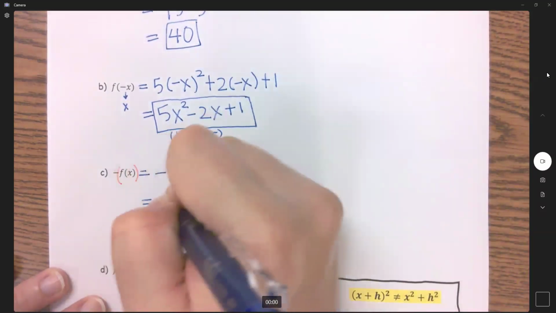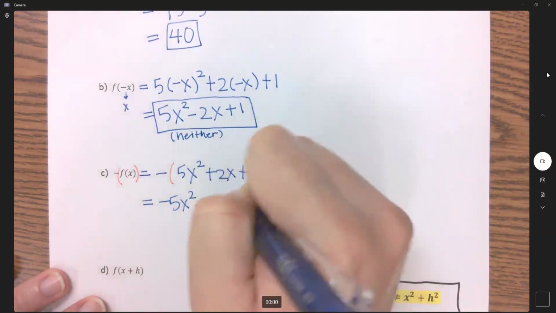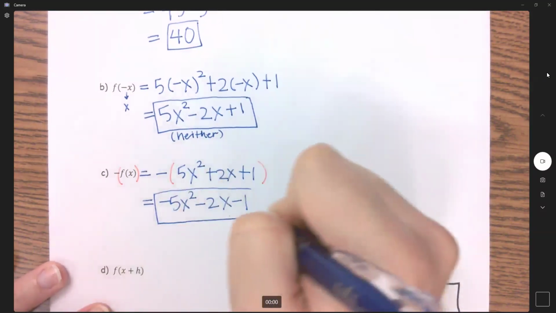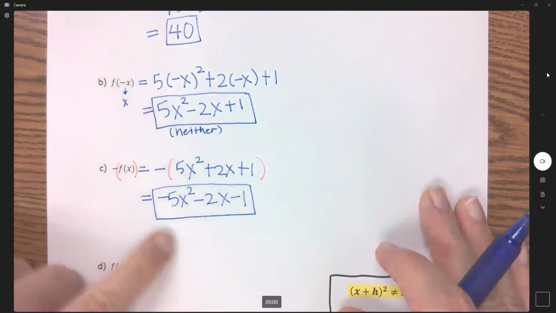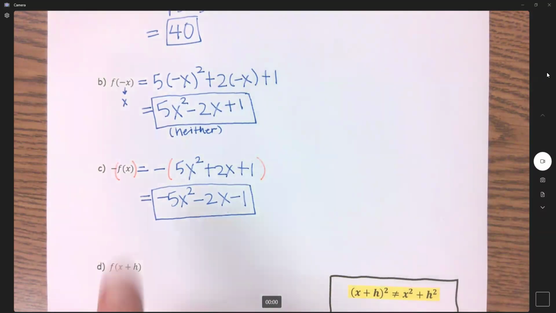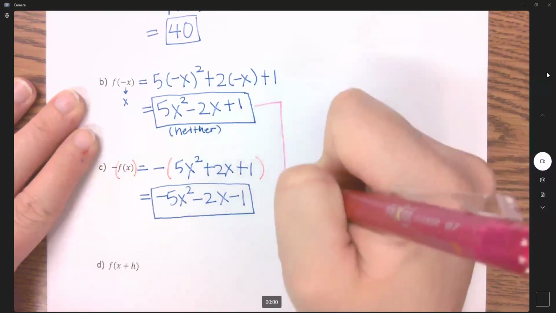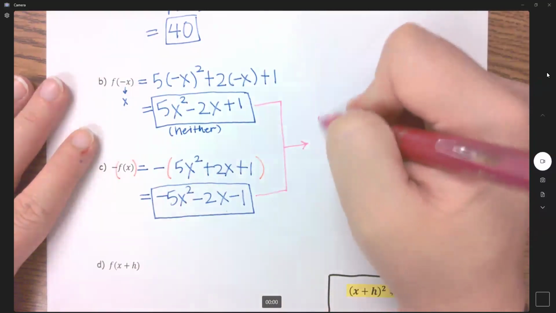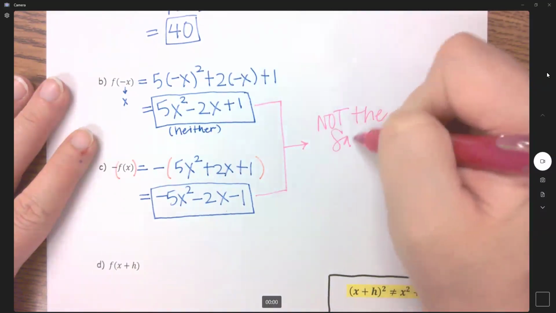We're going to get -5x squared minus 2x minus 1. So again, just talking about it, that's why it's neither, because that's what it should equal to be odd. And so even though these notations are the same, I want to make it very clear that these are not the same.